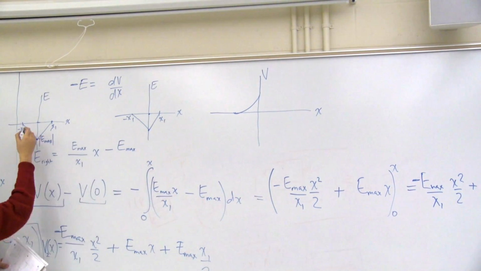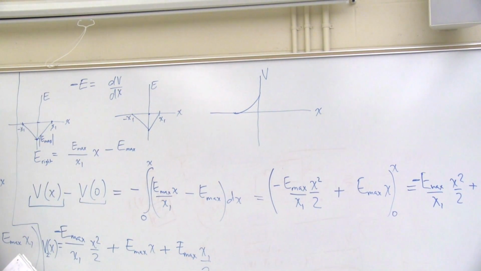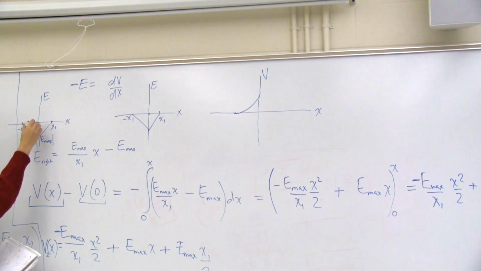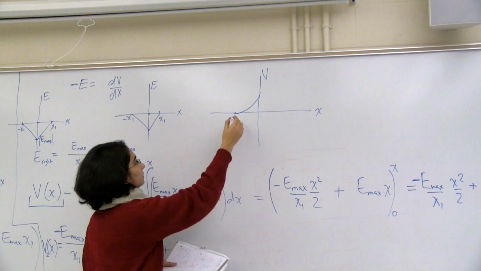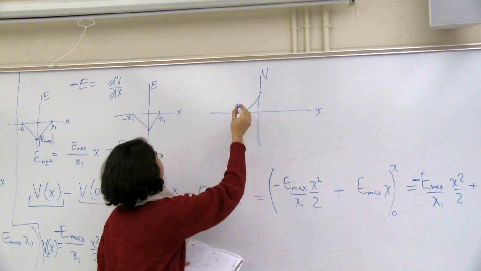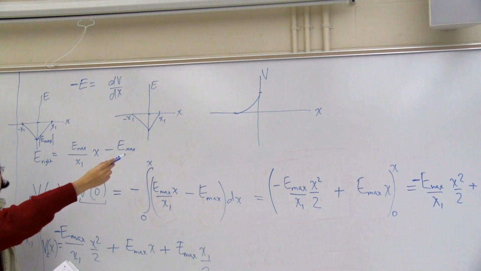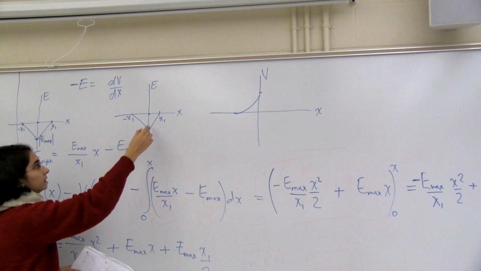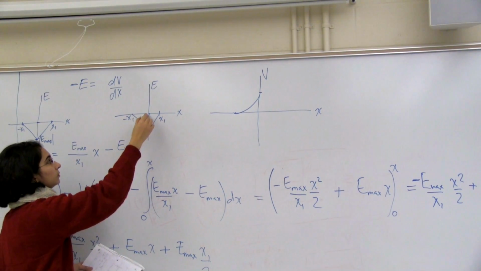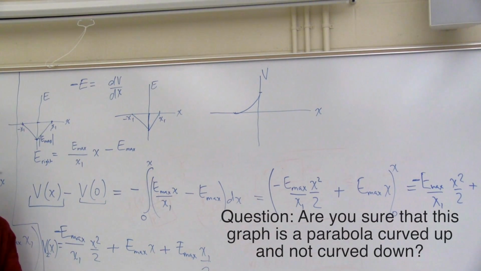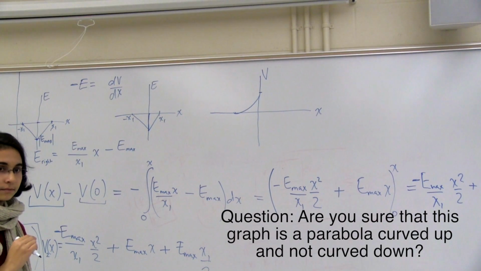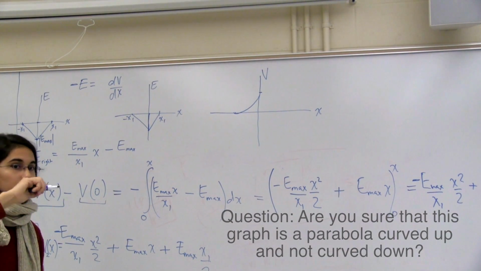And it starts at 0. The slope starts at 0, right? The value of E for this negative x1 is 0. And then what happens after that? When I get to x equals 0, it's like an inflection point. Yeah, and what is happening to E now? Are you sure that this slope is like a parabola, but like the other way?